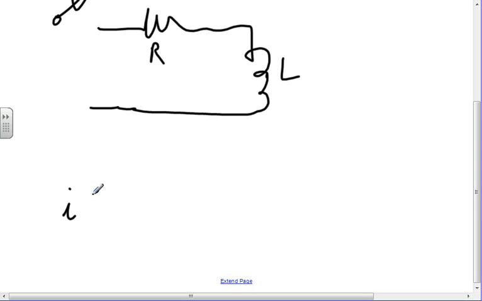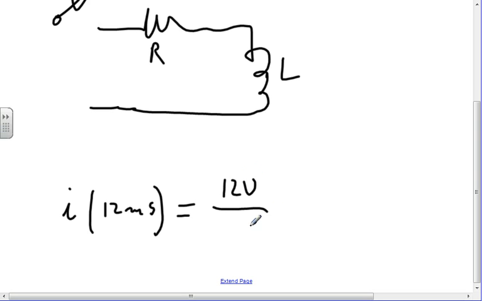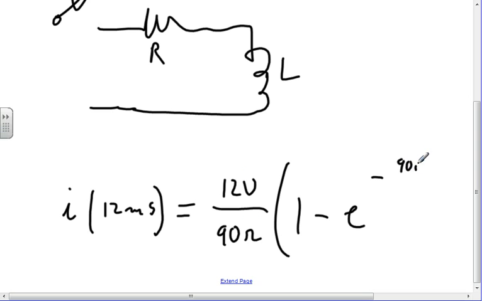So I at 12 milliseconds equals E, which is 12 volts, divided by R, 90 ohms, times 1 minus e to the minus R, which is 90 ohms, times T, which is 12 milliseconds, divided by L, which is 8.50 Henry.